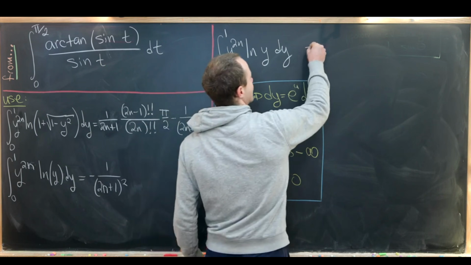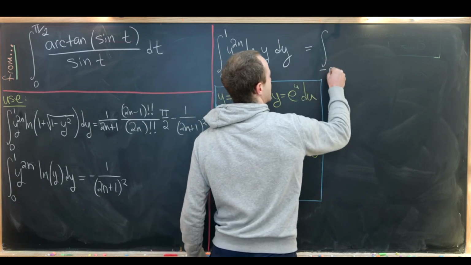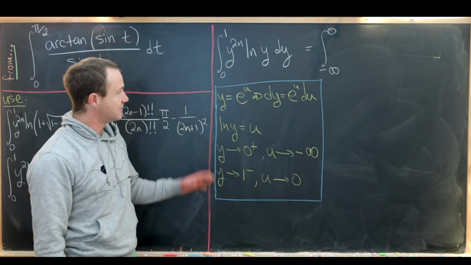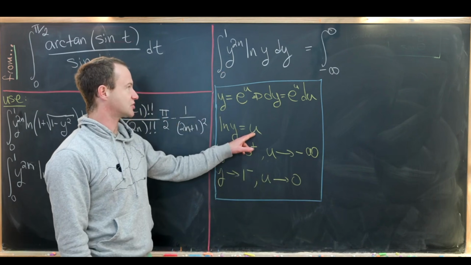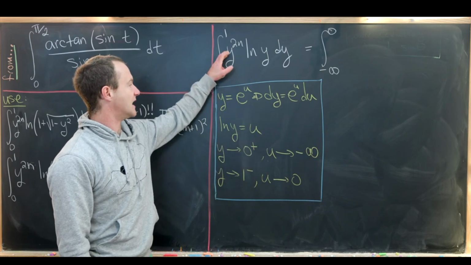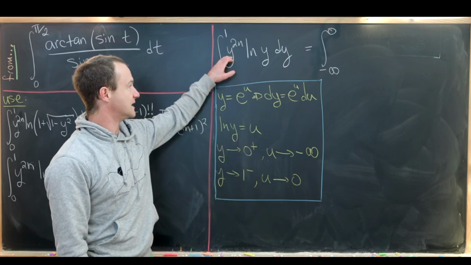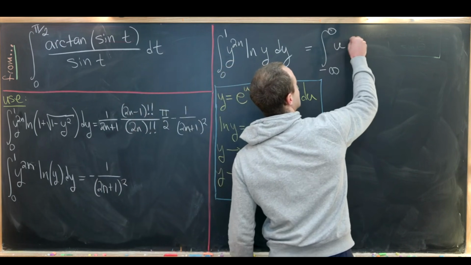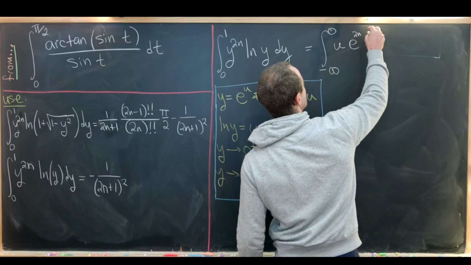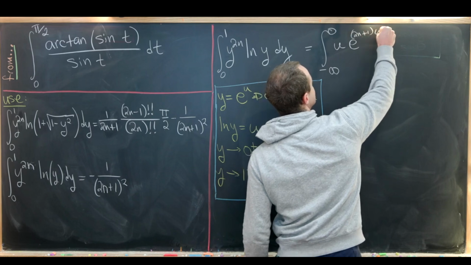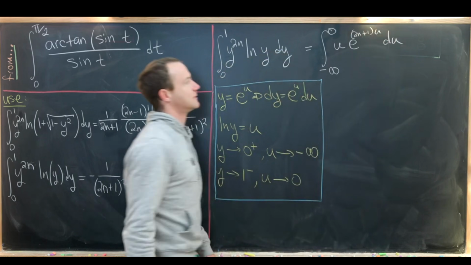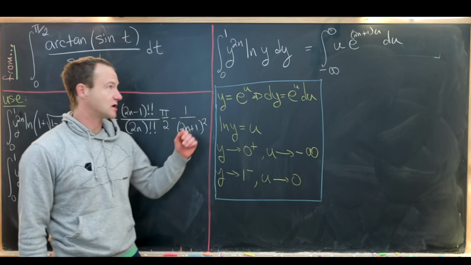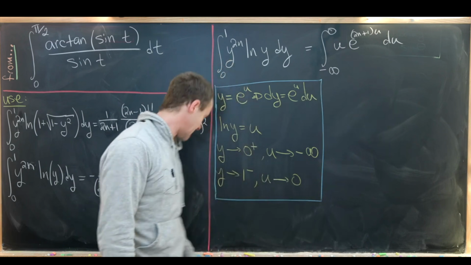This will be the integral from minus infinity up to 0 of a u from this natural log, an e to the 2n u from this, and another e to the u from this. So in the end, we have u times e to the 2n plus 1 times u du.